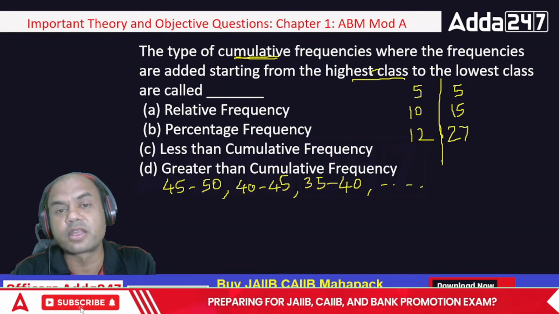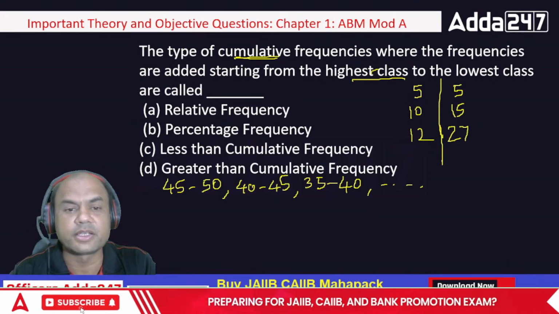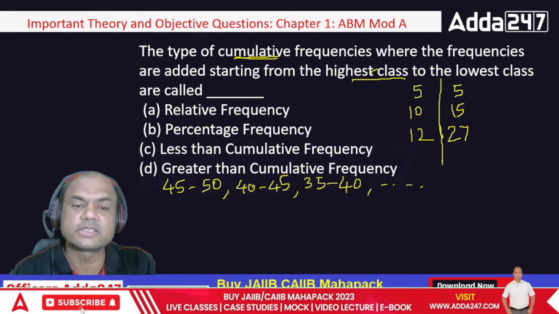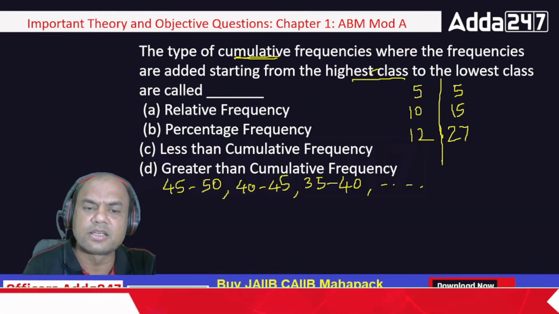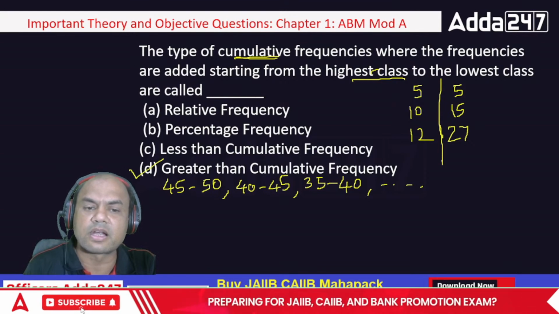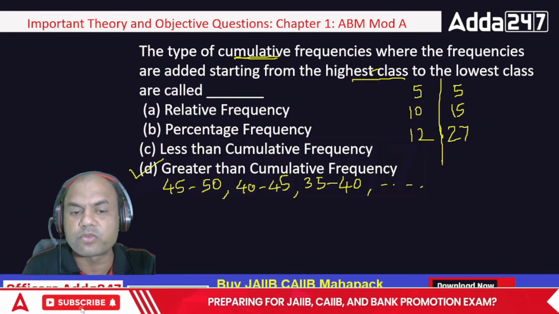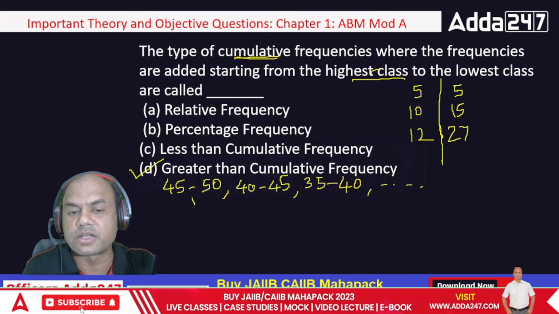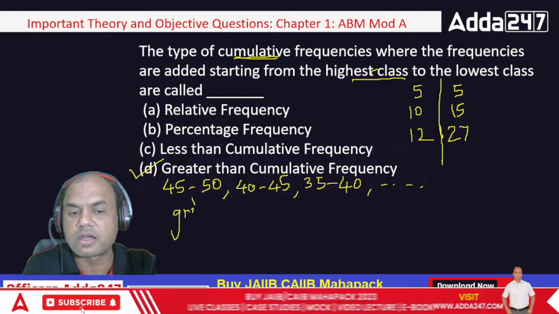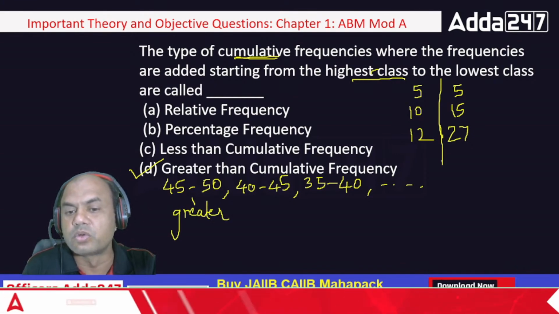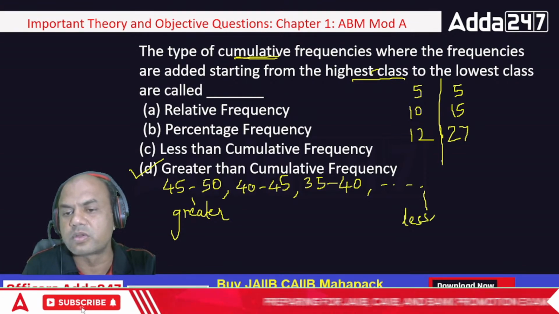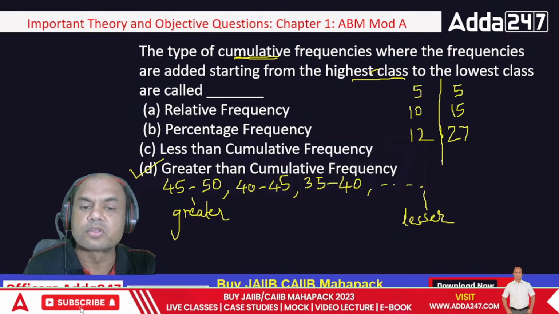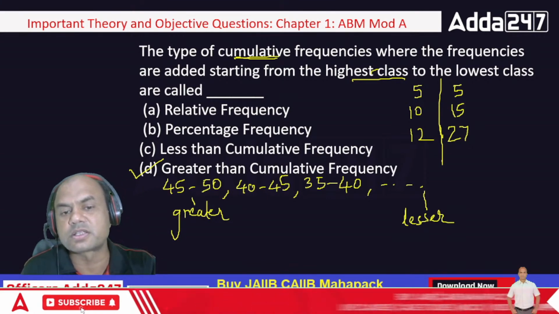The answer over here will be correct. Simple, isn't it? It is greater than. It is going from greater to lower, so that's why it's called greater than. Whenever we go from greater, it is called greater than.